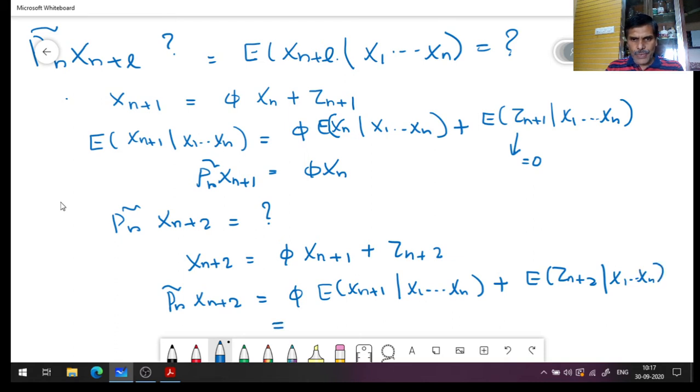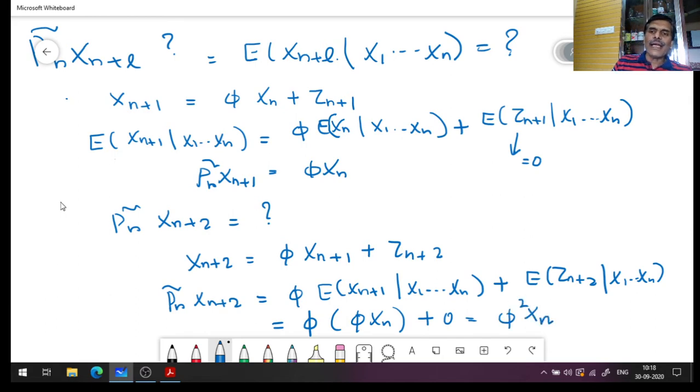What is this going to be? Phi of, and this we have already obtained in the previous step. If I rewrite that answer, it is phi X_n, plus this is 0 because this is n plus 2 and this is up to n. So this answer is given by phi squared X_n.